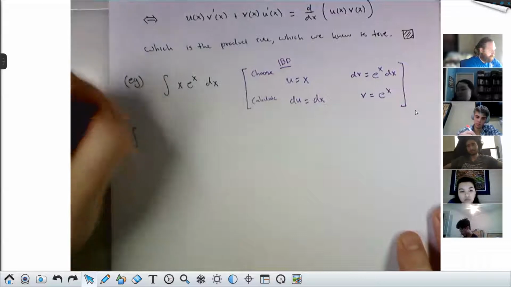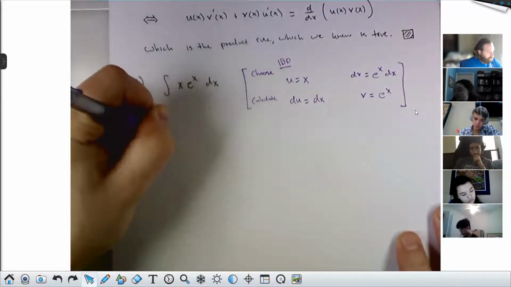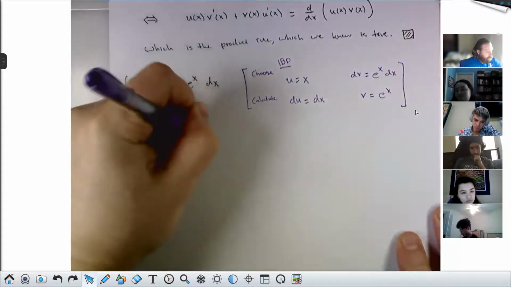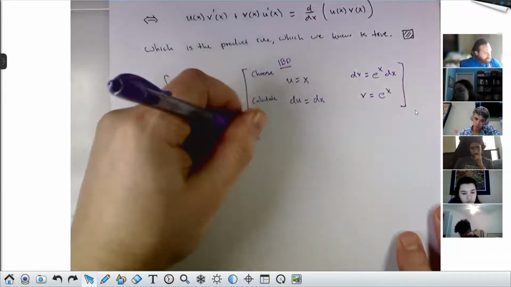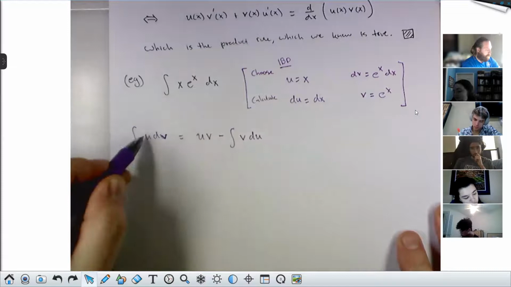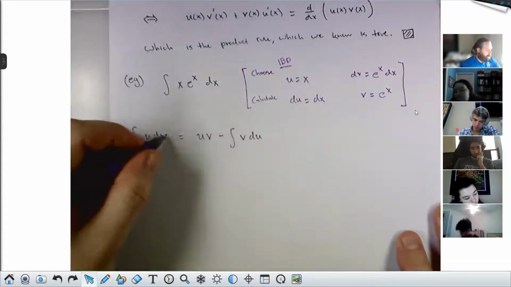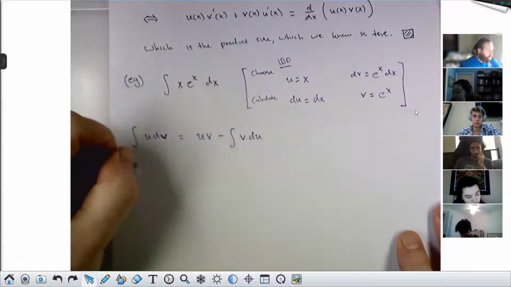The formula says the integral of u dv is equal to u times v minus the integral of v du. And a notation pro tip, if you put a little bit of a tail on your u's and you make your v's hard on the bottom, edgy like that, then you'll never confuse one for the other. So the integral of u dv, that's my integral.